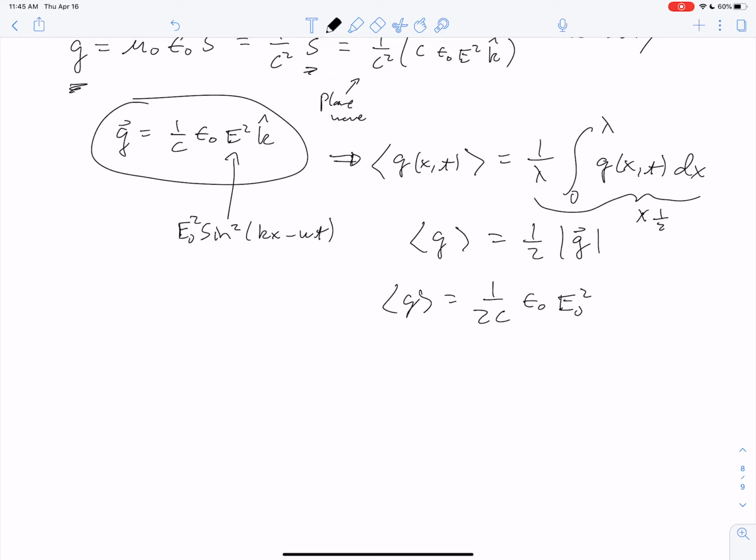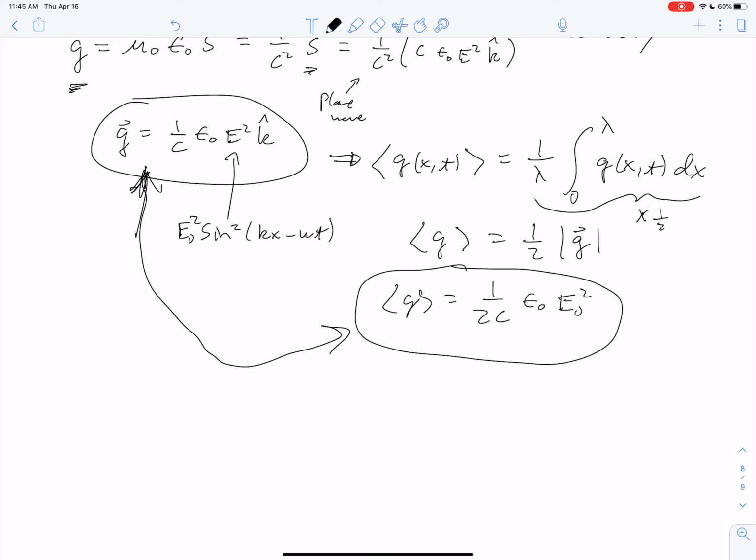So I can immediately go from this equation to this equation without having to do any more math. We can just see that the average of this is just going to give me this 1/2, the spatial average.